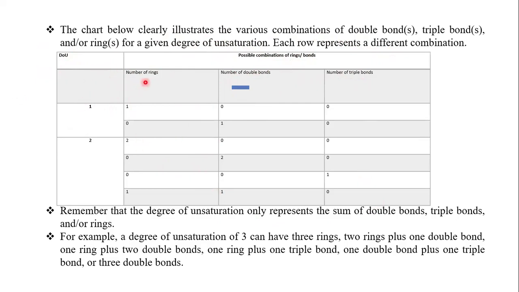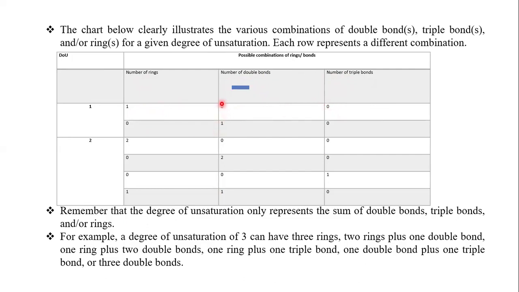And then we have our number of rings, number of double bonds, number of triple bonds. So if you calculate DOU and DOU is equal to 1, the possibilities are we will get 1 ring or 1 double bond. And then the compound will not contain any triple bond.